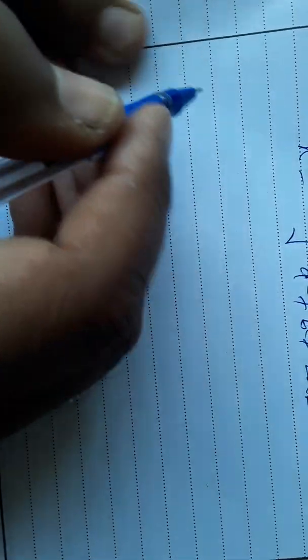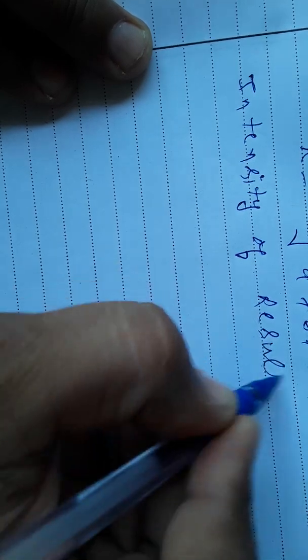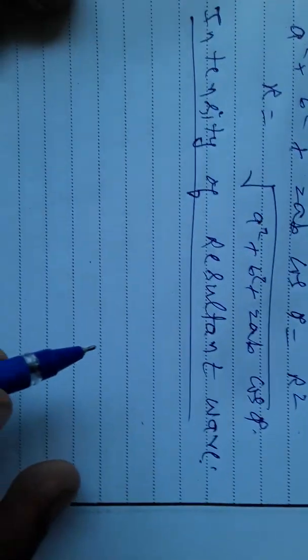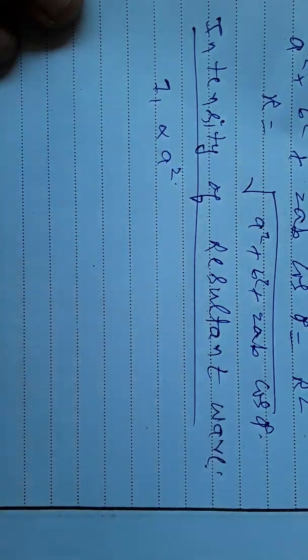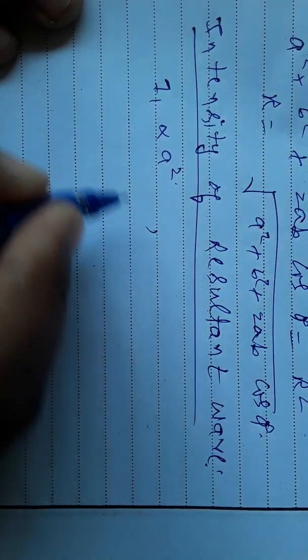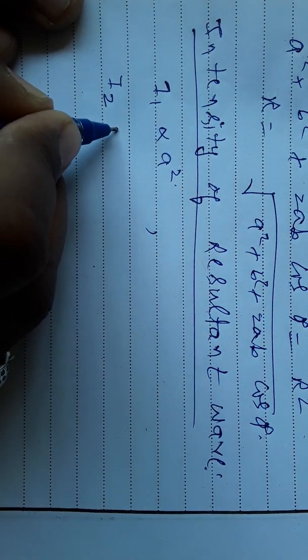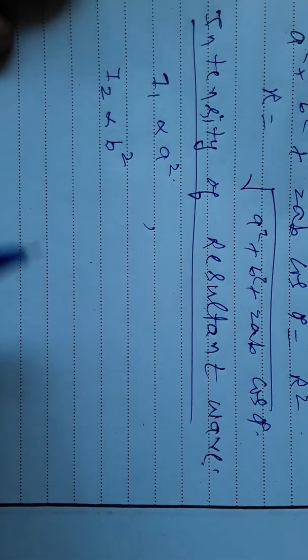Now we have to find the intensity of the resultant equation. First wave has amplitude a, so I1 is proportional to a square. Second wave has intensity I2, which is directly proportional to amplitude square.